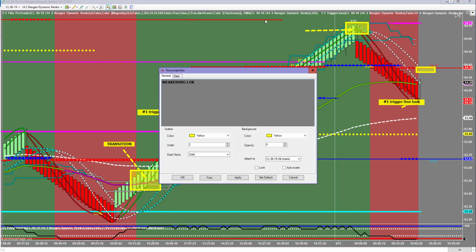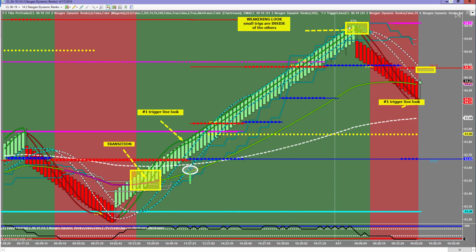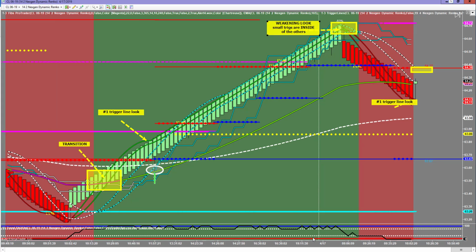And that's where the small triggers are inside of the others. And usually that's where you get a reversal. When you get a down bar there, you get a reversal in the trend for a little bit. Is everybody okay with this?